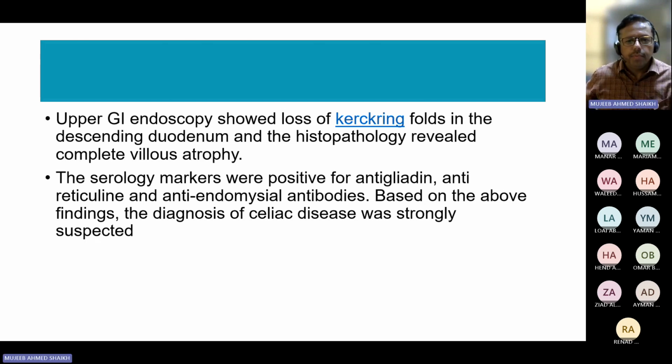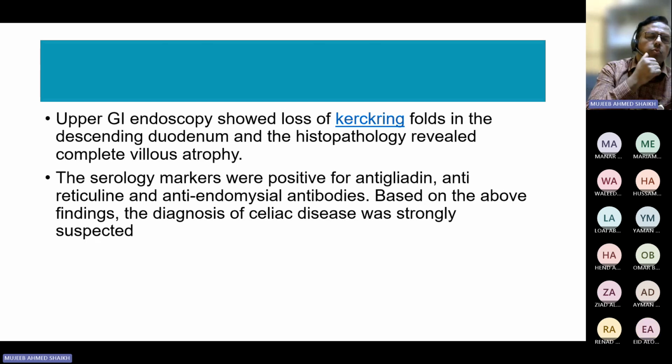Endoscopy means visualization of the intestinal lumen with the help of an instrument called an endoscope. We put a pipe inside through the mouth, reaching the upper GI tract up to the stomach and maybe up to the duodenum.